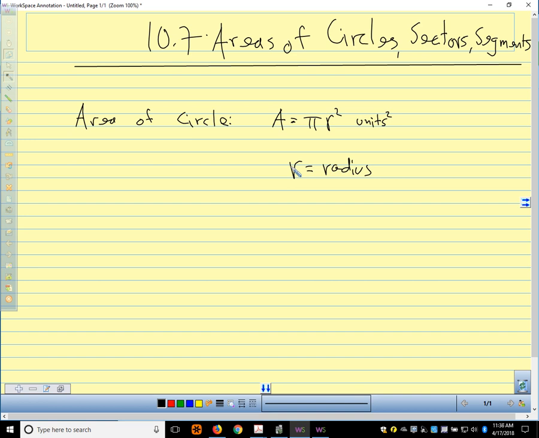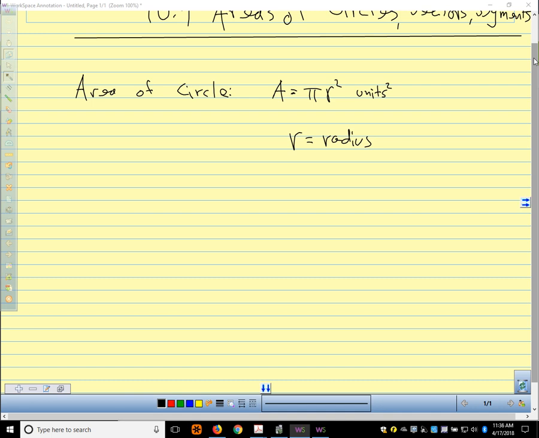Just remember one thing that I see sometimes: students want to square everything. You just square the radius. Use the area of a circle. All right, so we've worked with this before. I'm not going to go through an example of finding the area of a circle. Pi r squared. That's how we find the area of a circle.